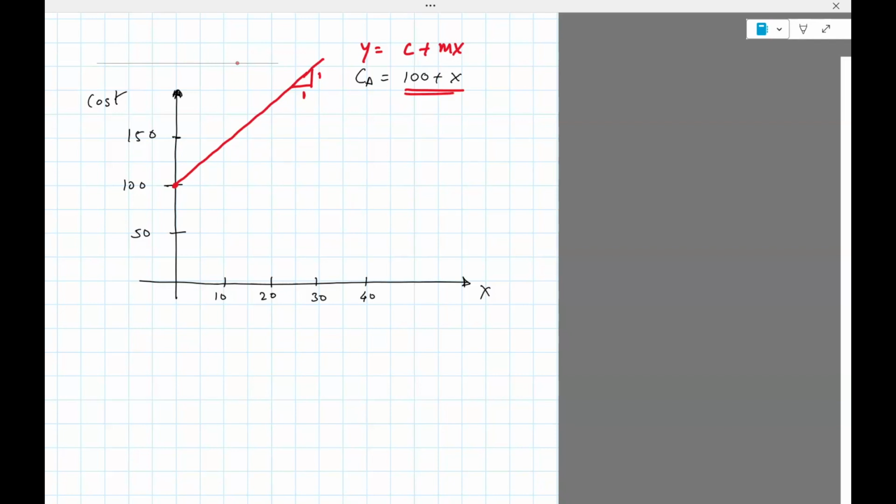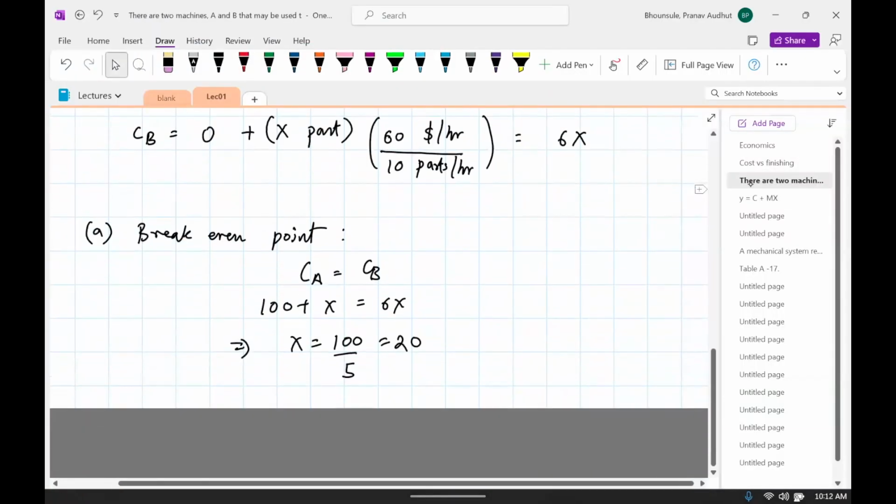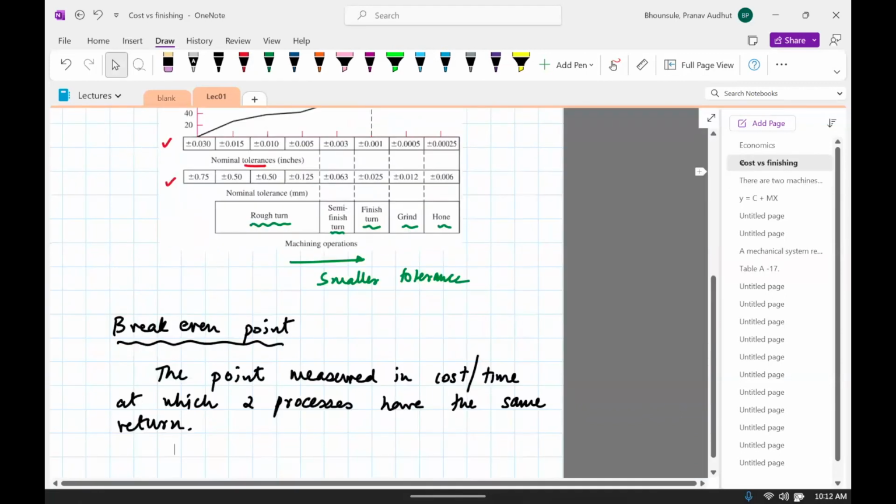Let me fix that. This doesn't look right. So you need to fix it a little bit. Hold on. Because it's not equi-spaced, I need to fix that slope a little bit. So when I put x equals 20, I need it to pass through 120.